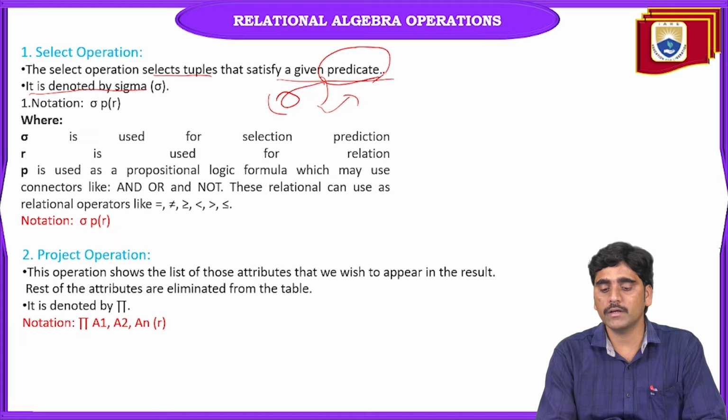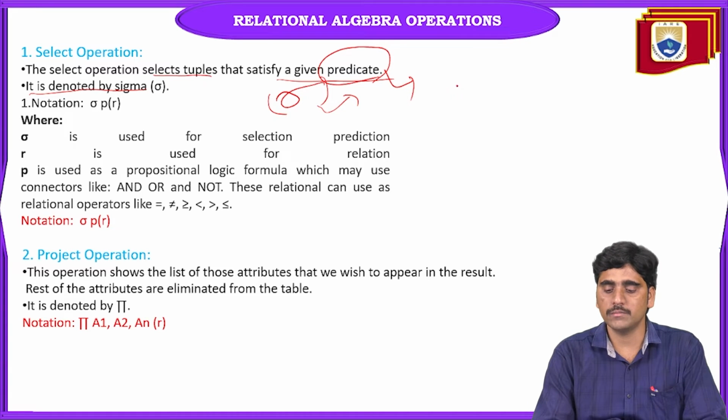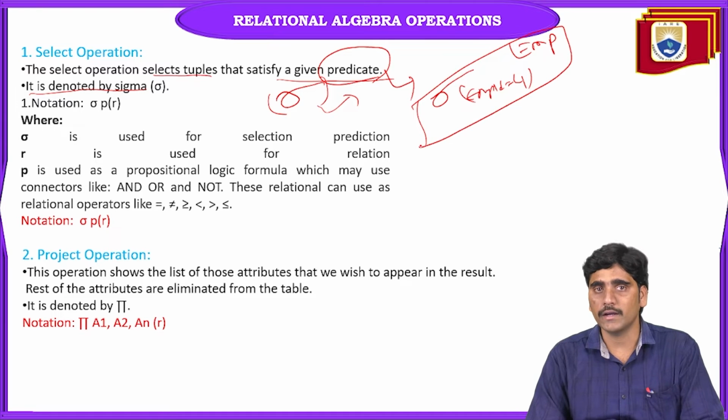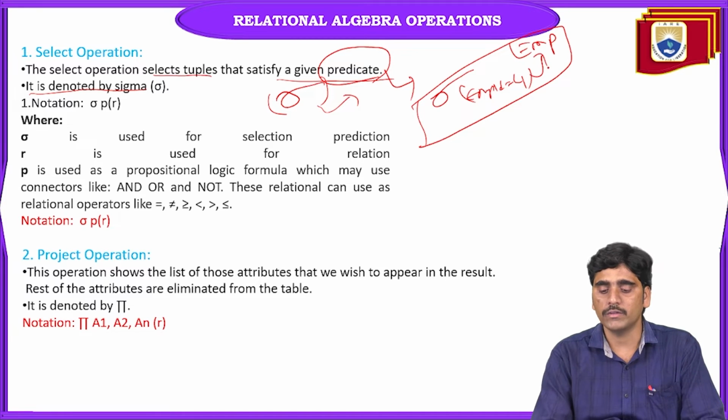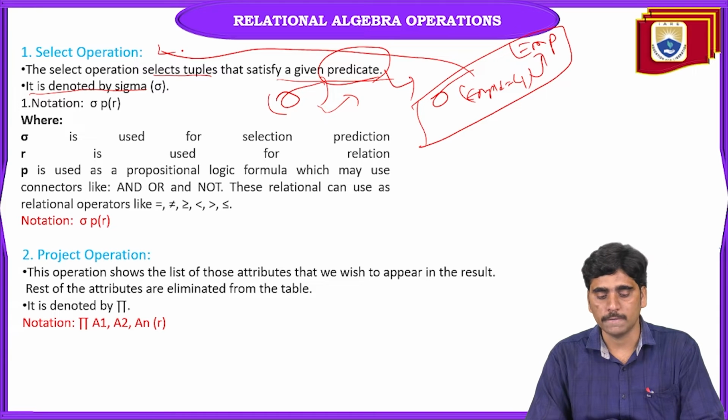The given predicate is nothing but the given condition. Simply like sigma, I just want to display the employee whose employee ID equals 4 from the employee table. So that is how I can retrieve the value of employee ID 4 from the employee table with the help of the selection operation or select operator.